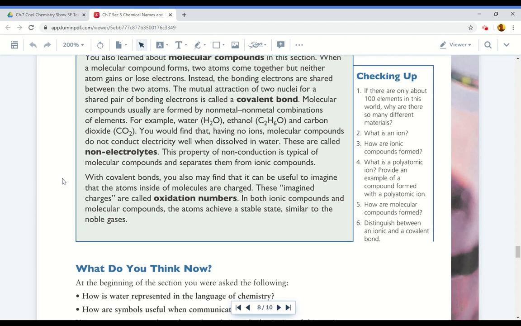With covalent bonds, you also may find that it can be useful to imagine that the atoms inside of molecules are charged. These imagined charges are called oxidation numbers. In both ionic compounds and molecular compounds, the atoms achieve a stable state, similar to the noble gases.